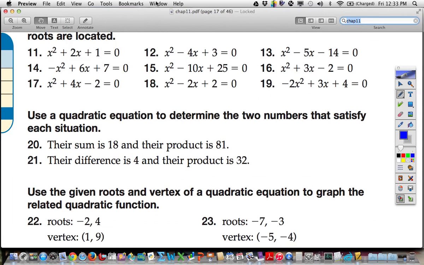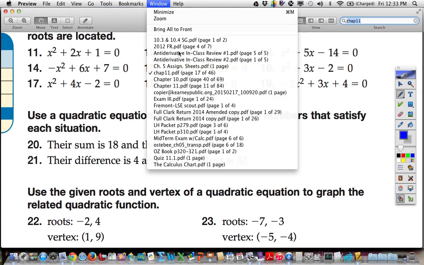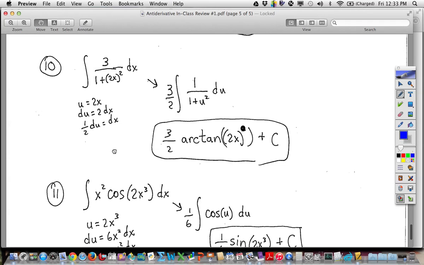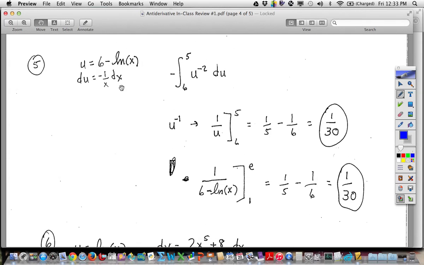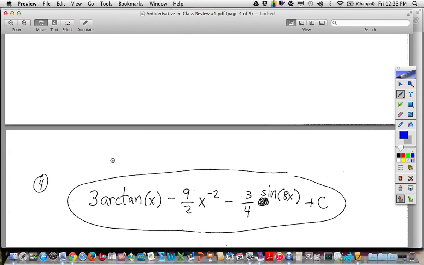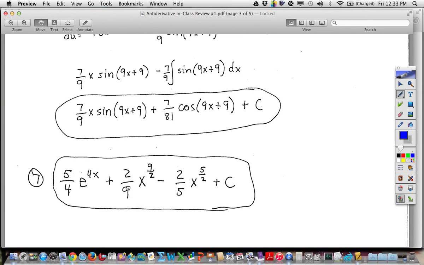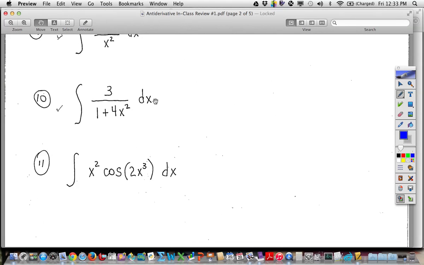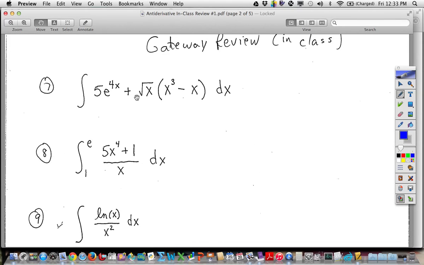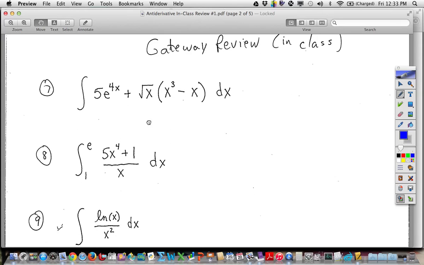How about in this packet, or that PDF, any of those, if you hopefully finished those, any of those you were kind of wondering about where those answers came from? Is this the one? Yeah.